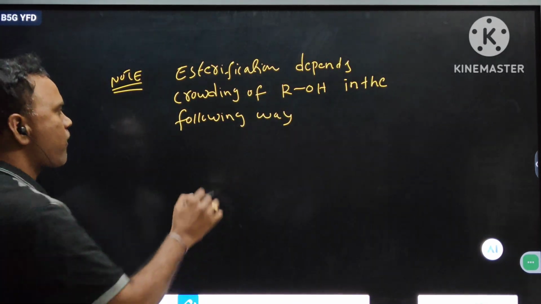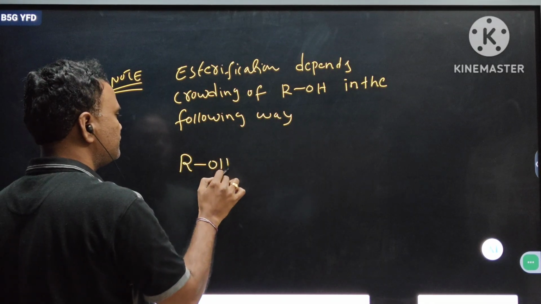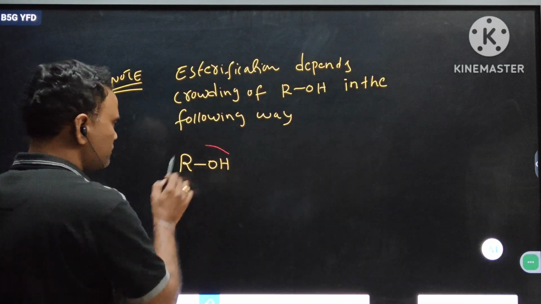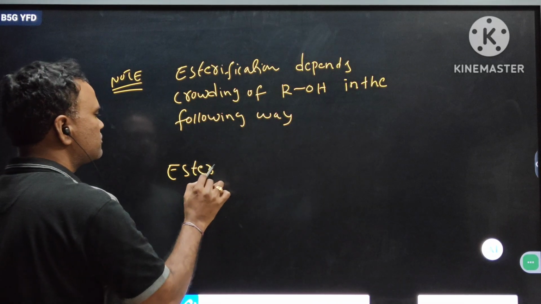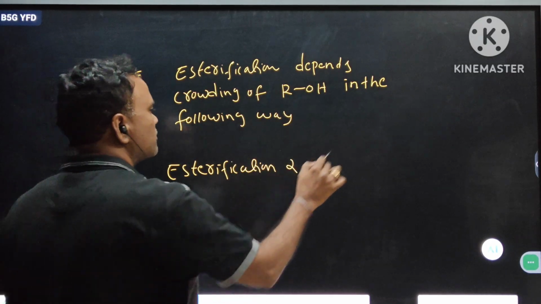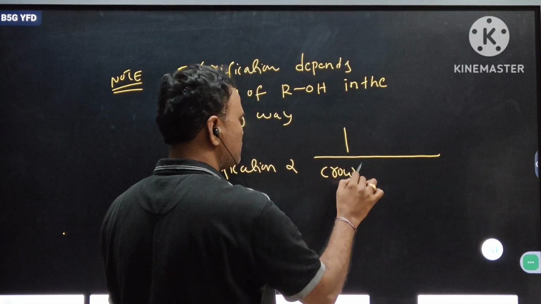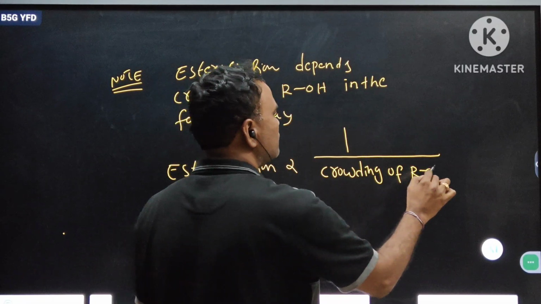See, wait just a second. Esterification is inversely proportional to crowding of alcohol.